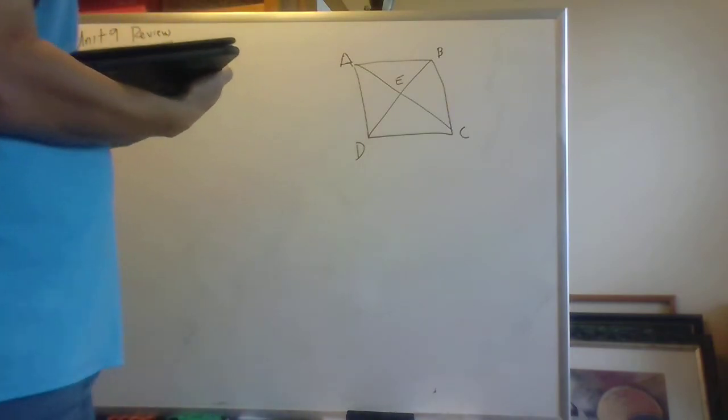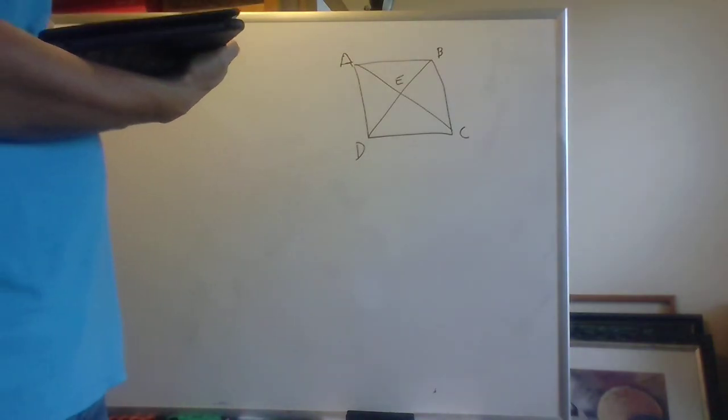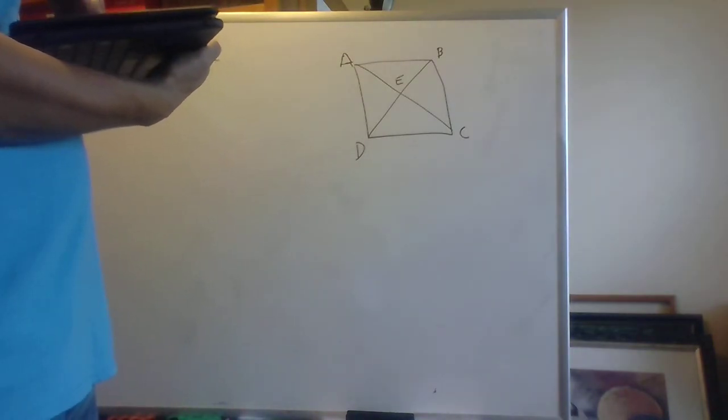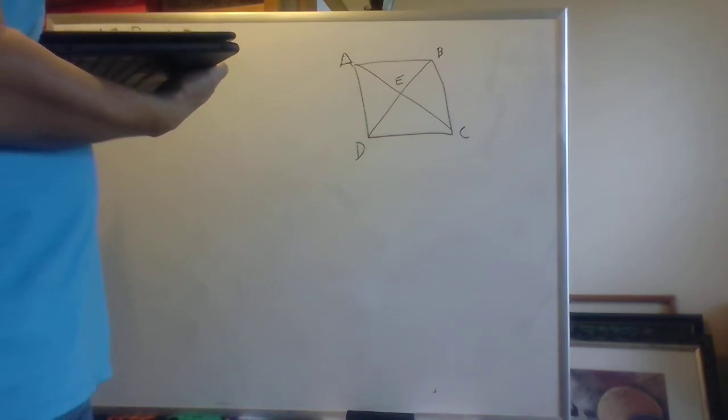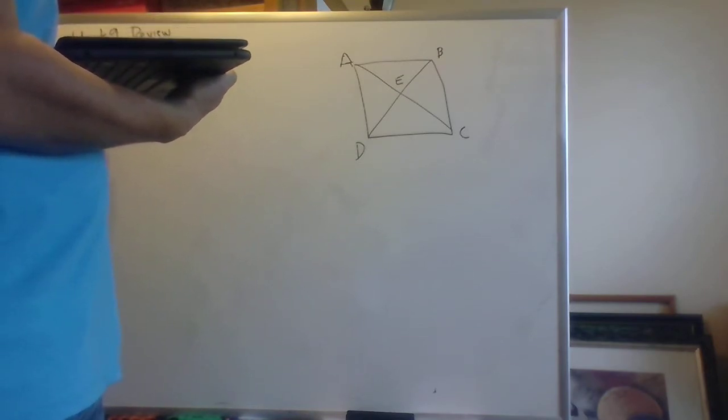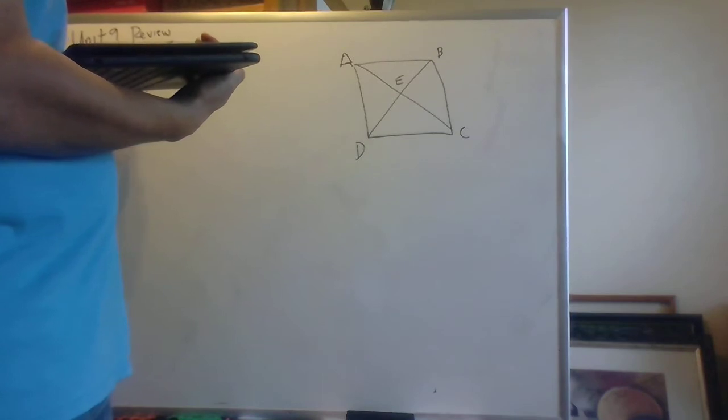It says find each measure. So for 28, it wants us to find segment AE. So let's just fill in the blanks of what we know.